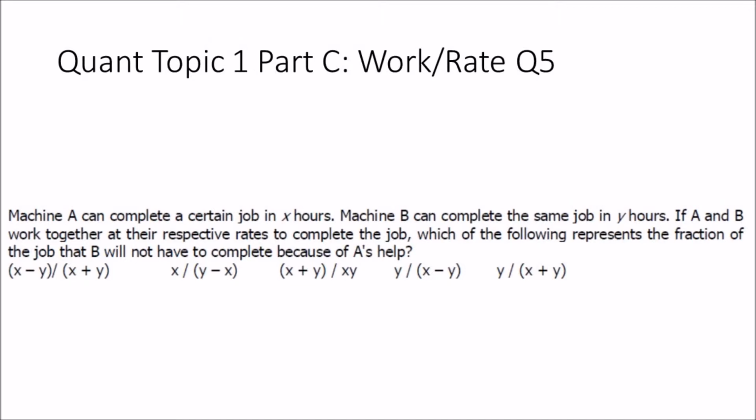Well, now because of the help of A, it's only going to be working for 1 1/5 hours, so we just subtract that from the 3 hours and create a ratio. Method 2, however, will simply be deciding how much work is done by machine B as part of the team, and we'll then subtract that, because as you'll see in the second method, that also gets us to the same answer. So let's start off with the first method.